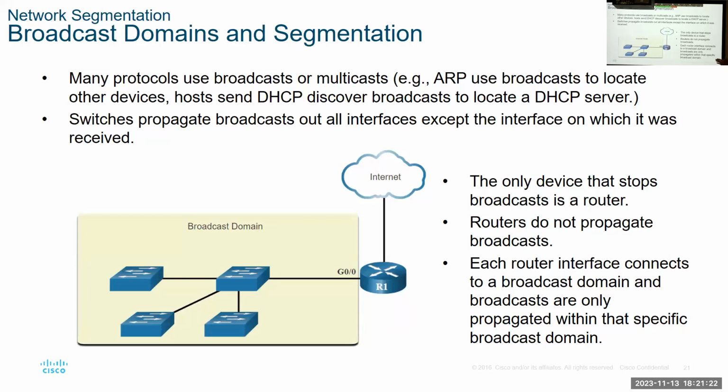Okay, so broadcast domains, we talked about that. That's one of the reasons you subnet. Let's say you had a class B address and 1,000 computers. Forget about NAT for the moment, and forget about accessing the internet at all.